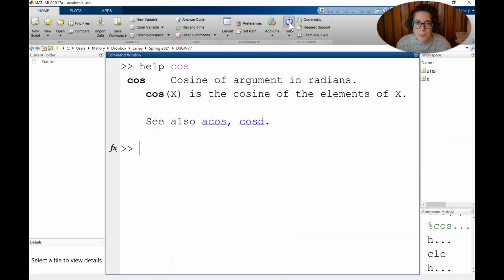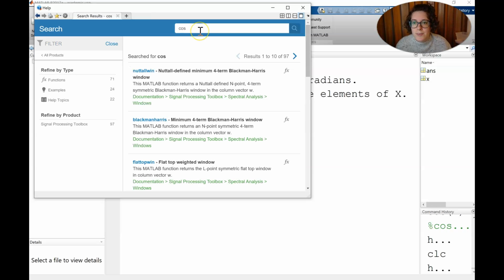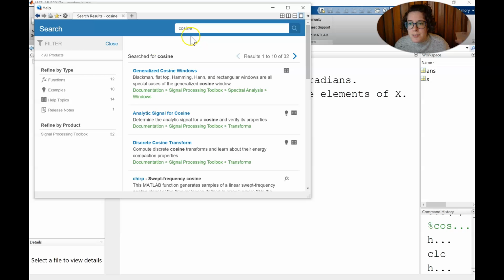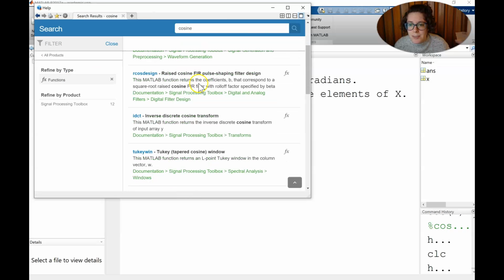So if you click help right here, this question mark, instead of going to Google, you can search help, you can type in cosine, and it's not giving me what I want. So I'm going to refine by functions.